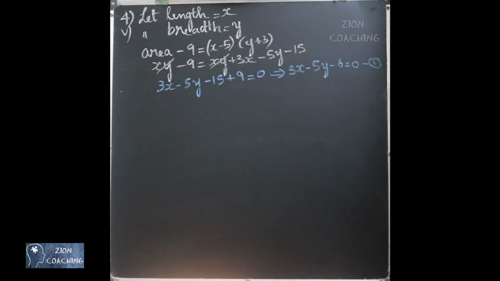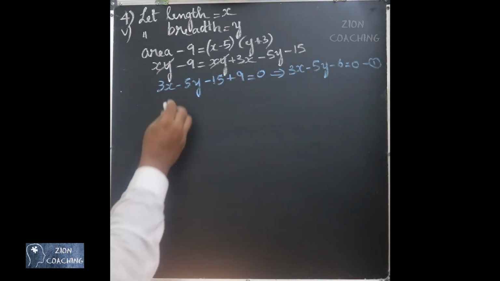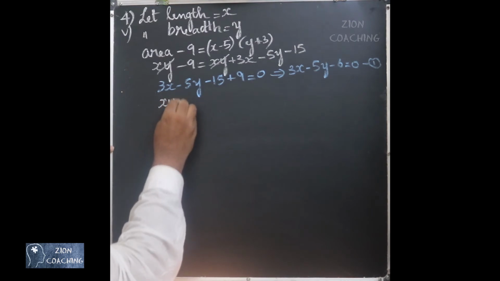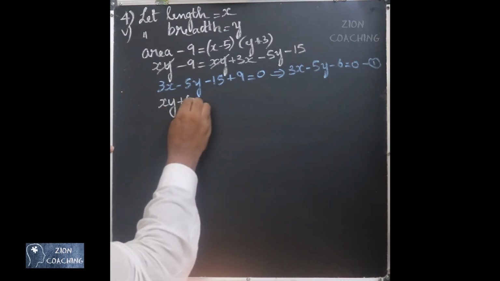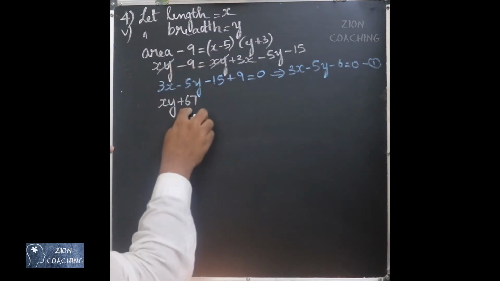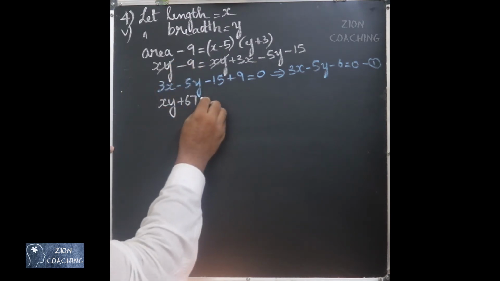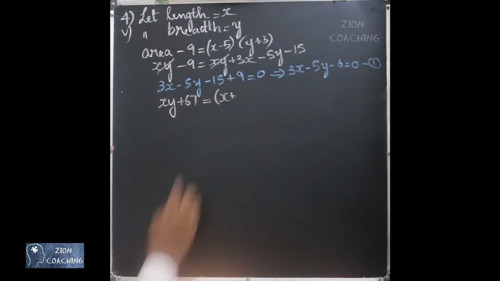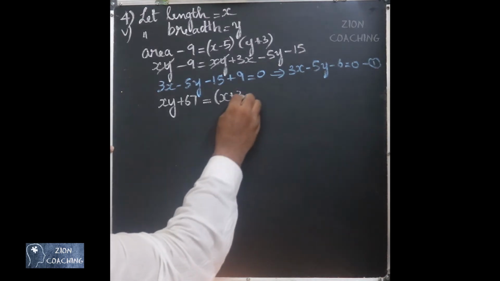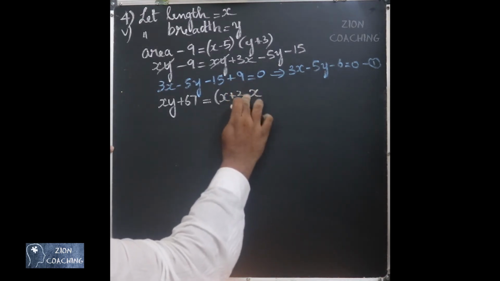Then second case, they are telling that the area increases by 67 units. In the second time, it is increasing by 67 square units when the length is increased by 3 units and the breadth is increased by 2 units.